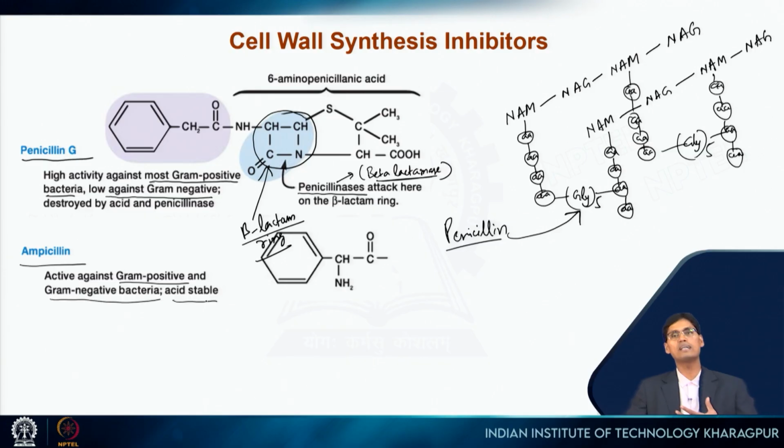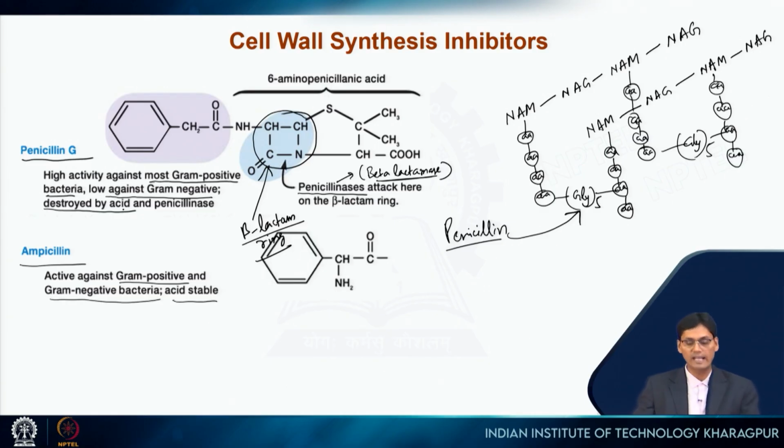So if antibiotics are acid stable, that is advantageous for us. In the stomach we have very low pH, very acidic conditions. Penicillin G is destroyed by acid, so it is very difficult to take penicillin G orally. But ampicillin we can take orally.